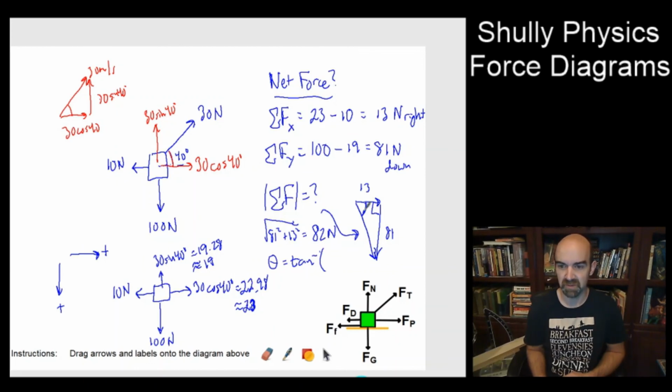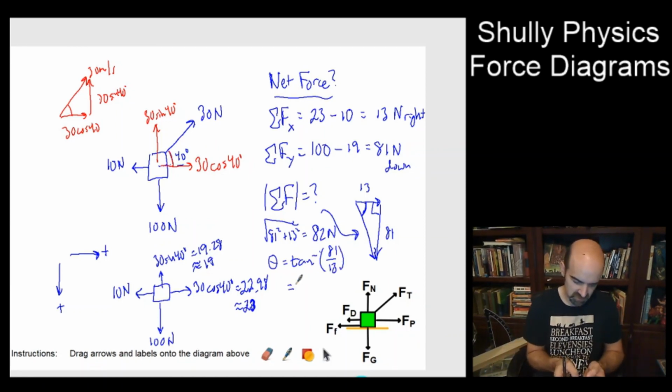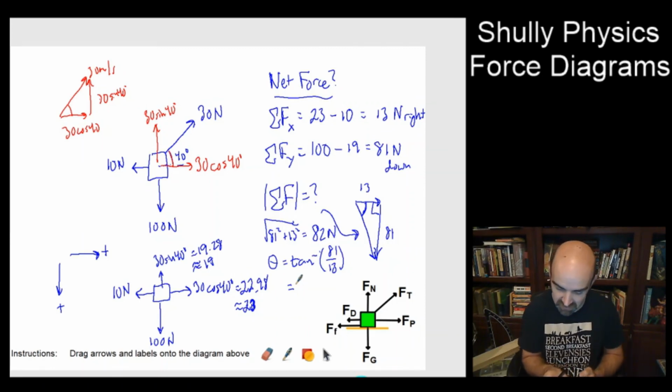If this is my angle here, the opposite is 81 divided by 13. So I'll take the inverse tangent of 81 divided by 13. 80.88 degrees. I'll just call it 81 degrees. Wow, there's a lot of 81s in this one. So just to differentiate here, I'll call it 80.9 degrees.